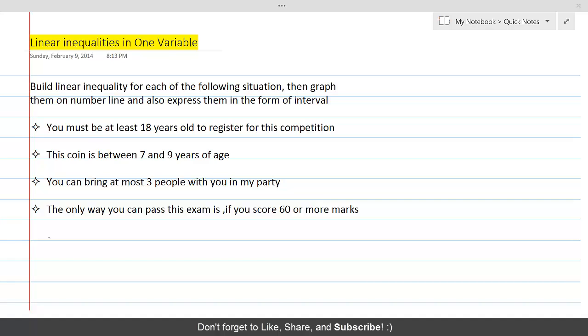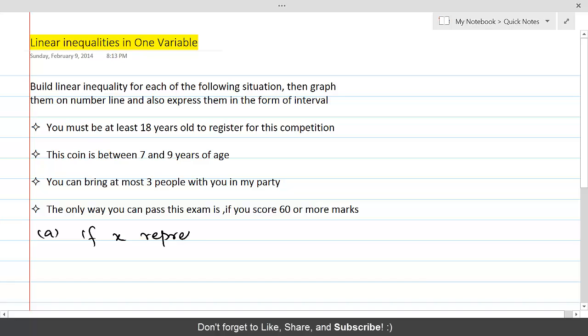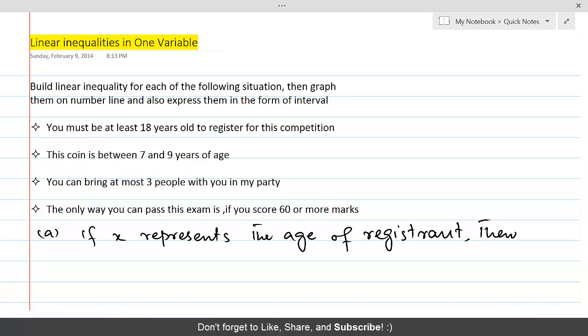So, if X represents the age of the registrant, then X must be 18 years, exactly X equal to 18, or more than 18.